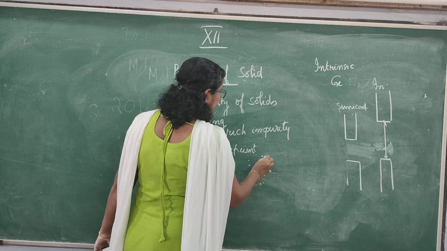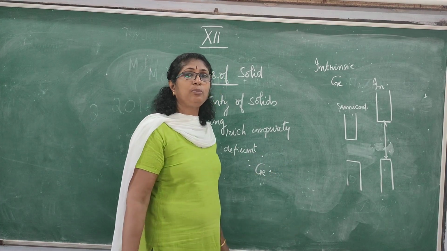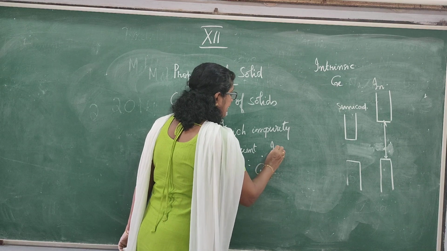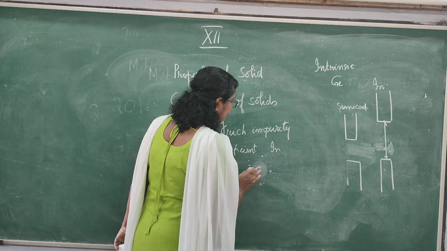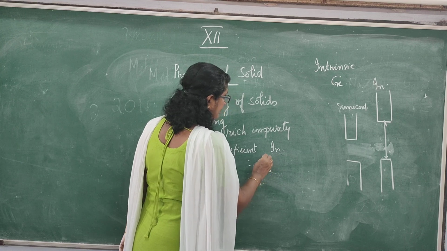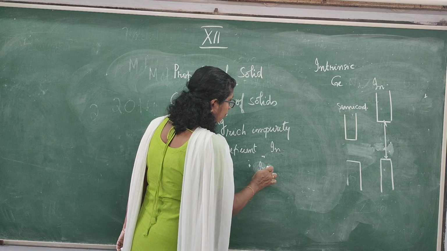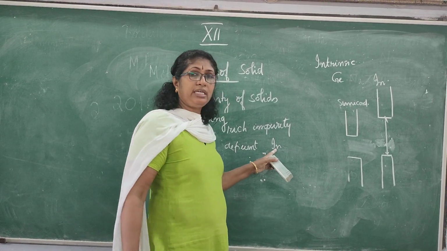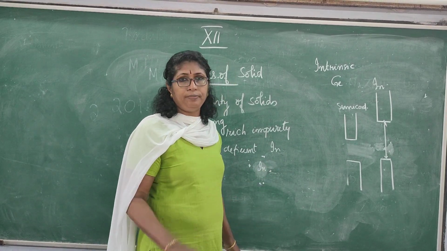Instead, if you add an impurity of the 13th group, which are the 13th group elements? Boron, aluminium, gallium, indium, thallium, etc. Suppose we are adding indium. Indium has only 3 valence electrons. So indium will take the place of germanium, and they form 3 bonds. But the 4th is an electron deficient bond, because indium has only 3 electrons. This electron deficient bond is called a hole.